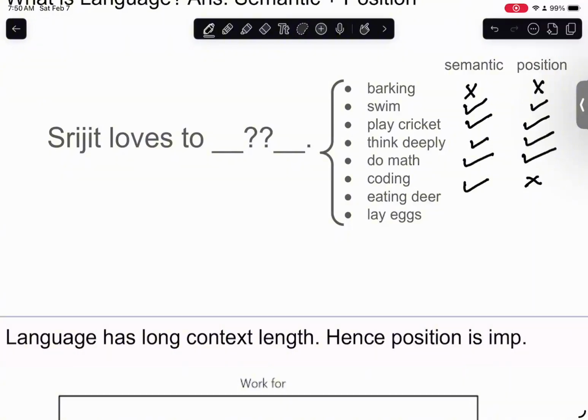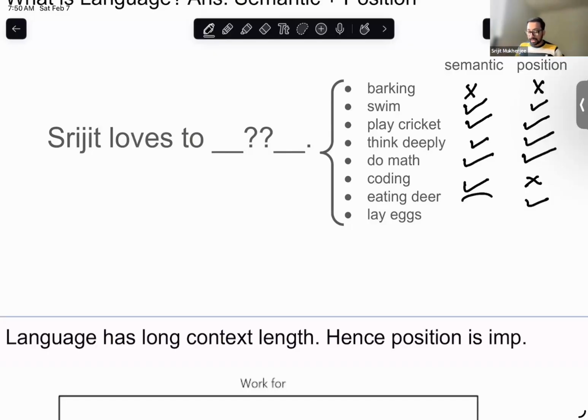For example, "eating deer": it depends. To some people it can be semantically possible, to some people it may not be. But essentially, it's positionally not possible because eating is not.